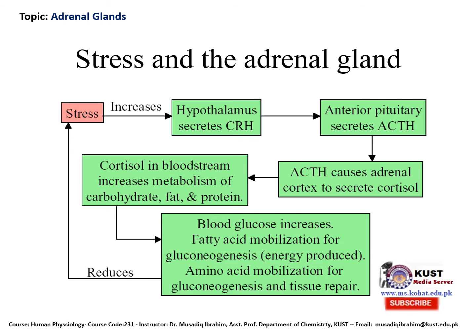So looking at this schematic diagram, you can see that first of all, the stress has increased, and as a result of increasing stress, the hypothalamus from the brain secretes CRH, which stands for corticotropin releasing hormone.